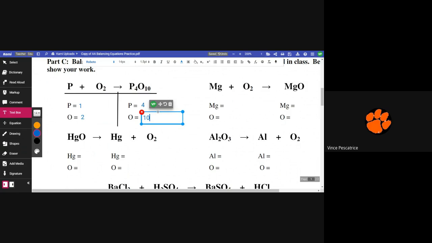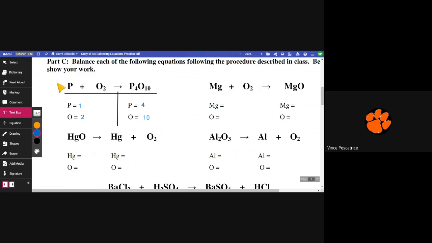Okay, so here's where we stand. This, as you can see, is unbalanced. The numbers are not equal on both sides of the equation. Since they're not equal on both sides, we will add coefficients as we see fit to make them balanced. Sometimes when you change one thing, you change something else along with it. Does that make sense?